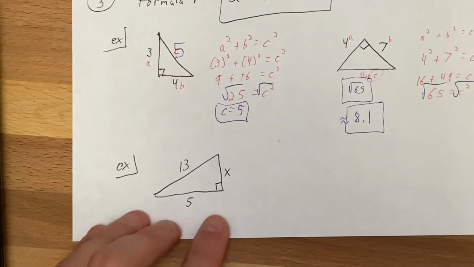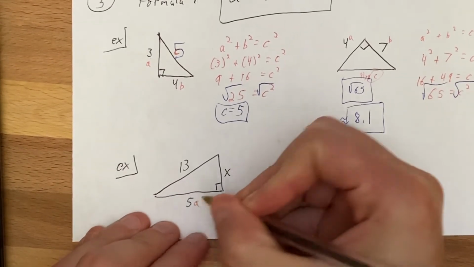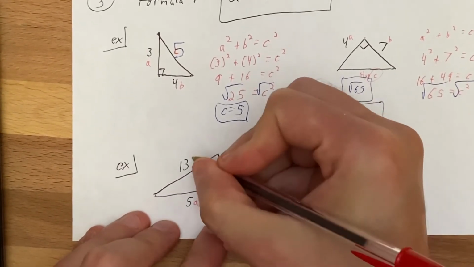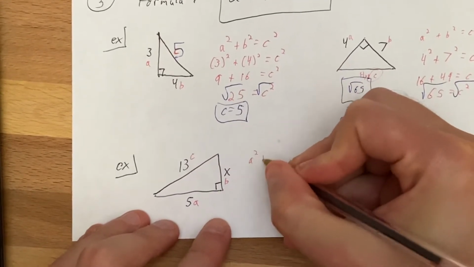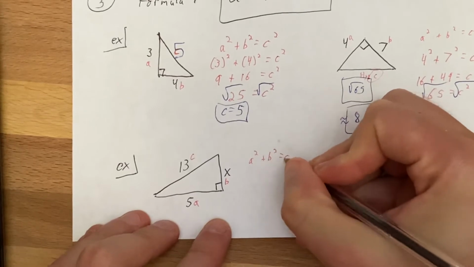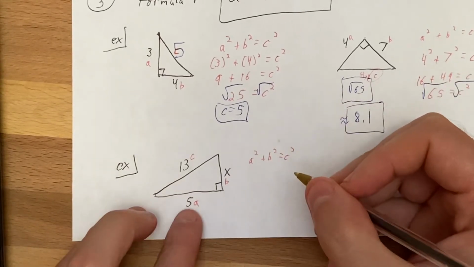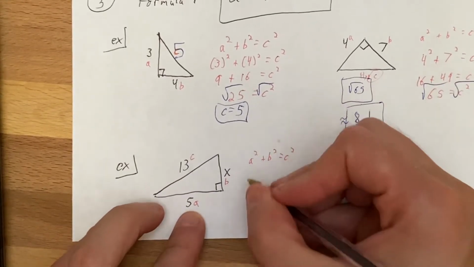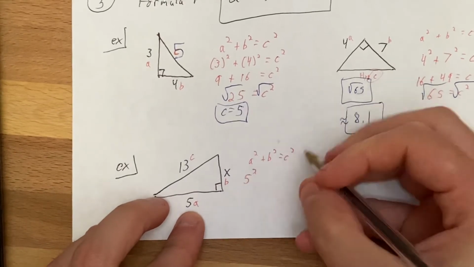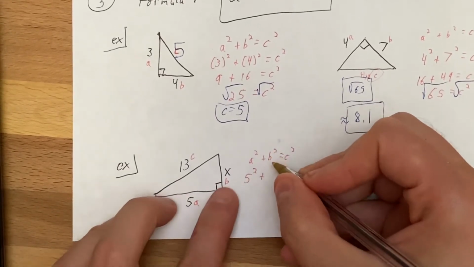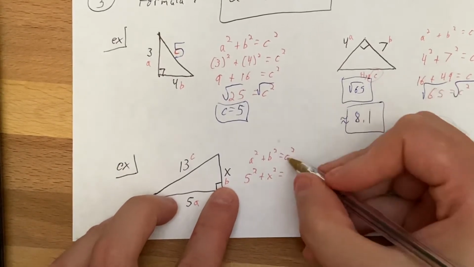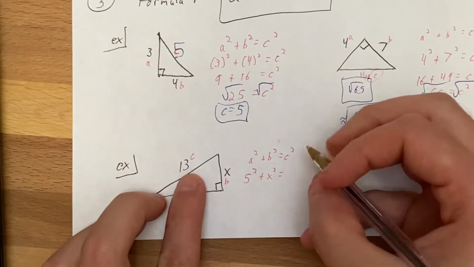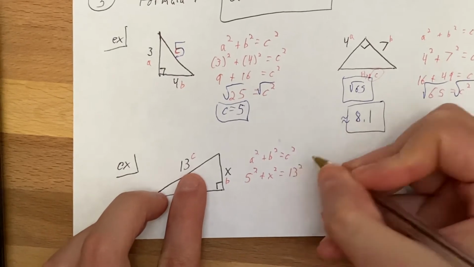This time it's different because this is a, this is b, and this is c. So if I use the formula a squared plus b squared equals c squared, a is 5, so I would have 5 squared. B is x, so I would have x squared. And c is 13, so I'd have 13 squared.